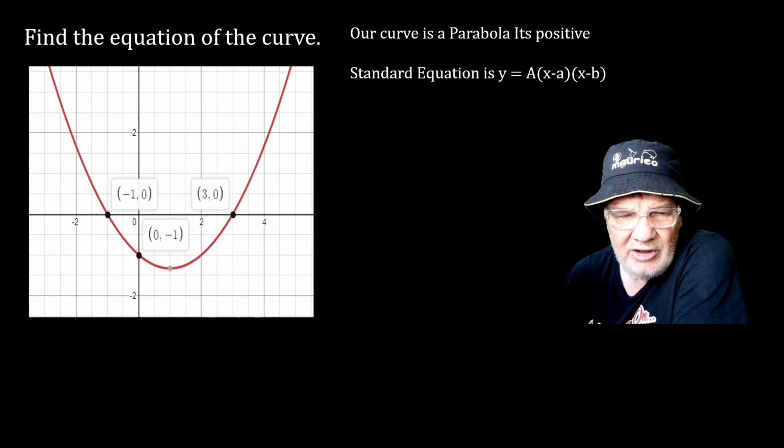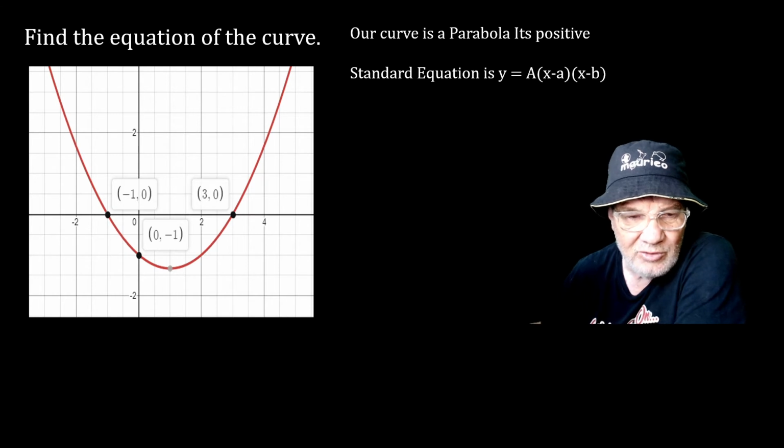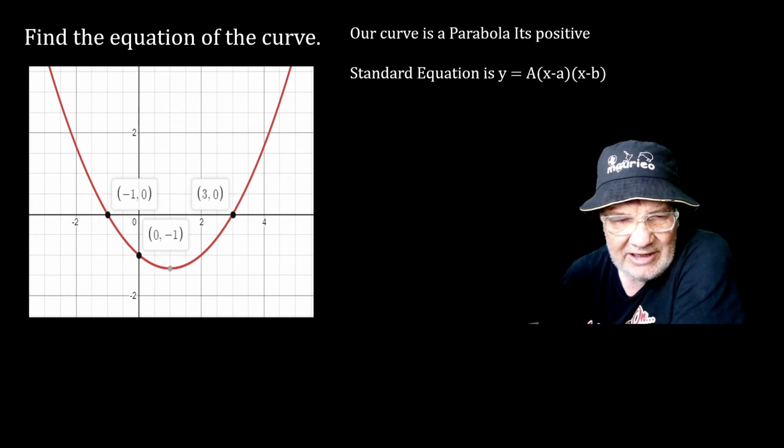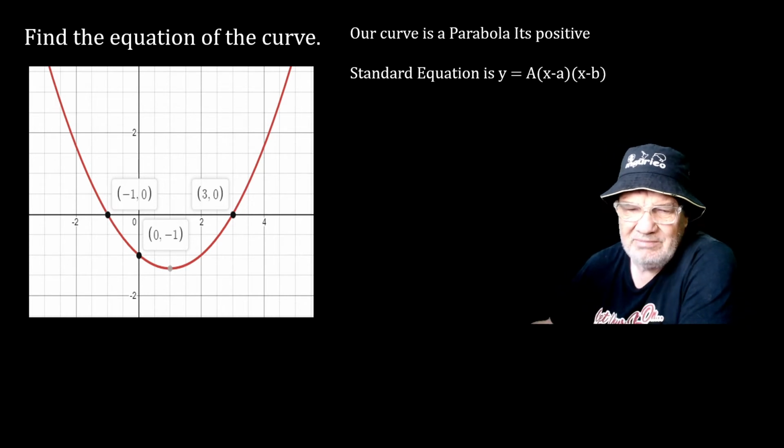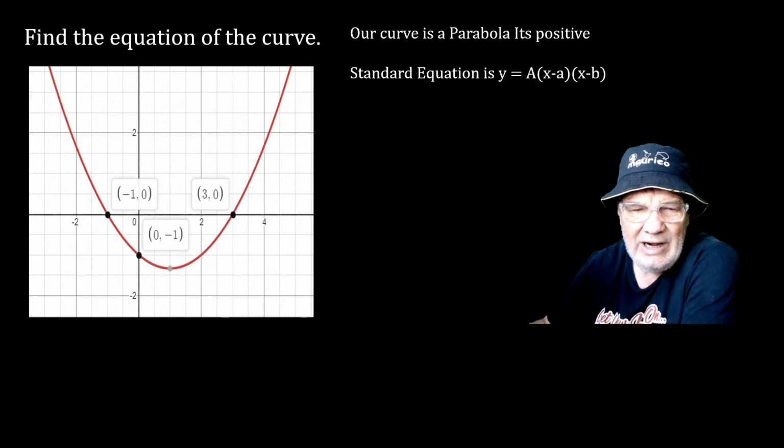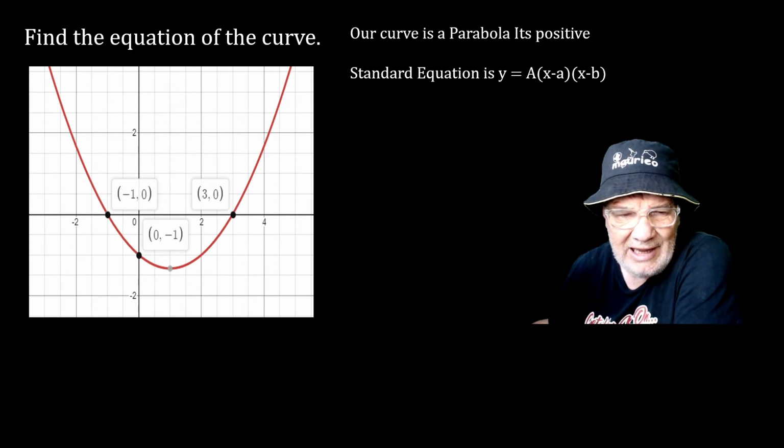And then it also intersects the y-axis at 0, so that's where x equals 0, at -1. So you can imagine that shape can translate anywhere all around the Cartesian plane.